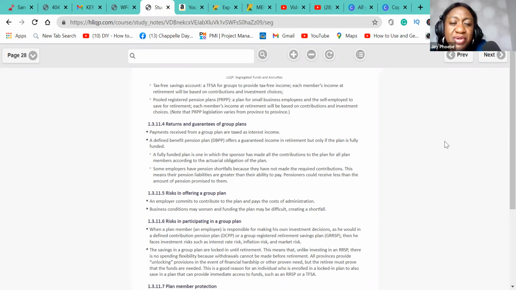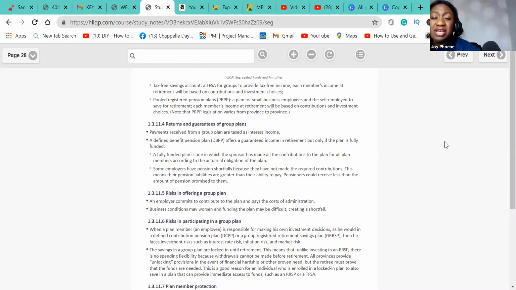Then there's the pooled registered pension plan, PRPP. The pooled registered pension plan is for small businesses and employees. For example, let's say my business is small, so I can't set up a full-blown group plan for my staff.